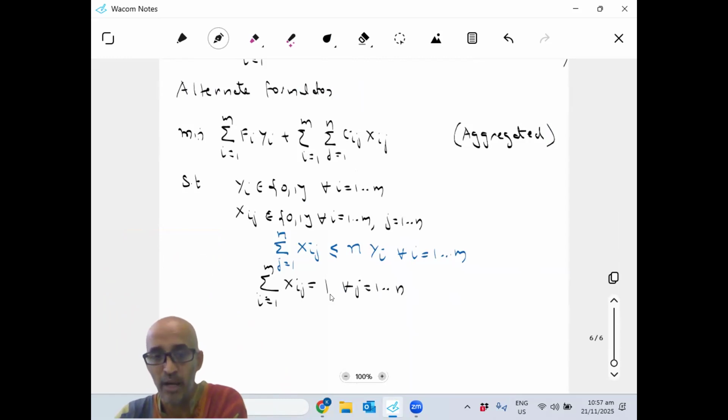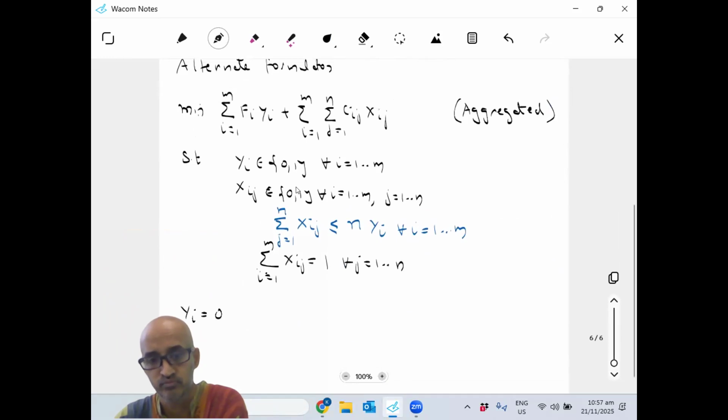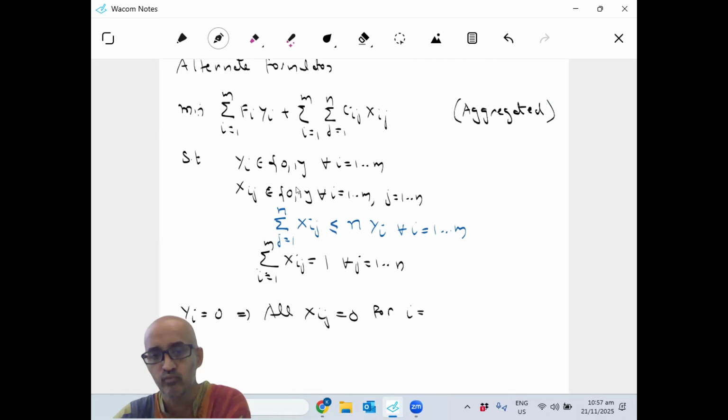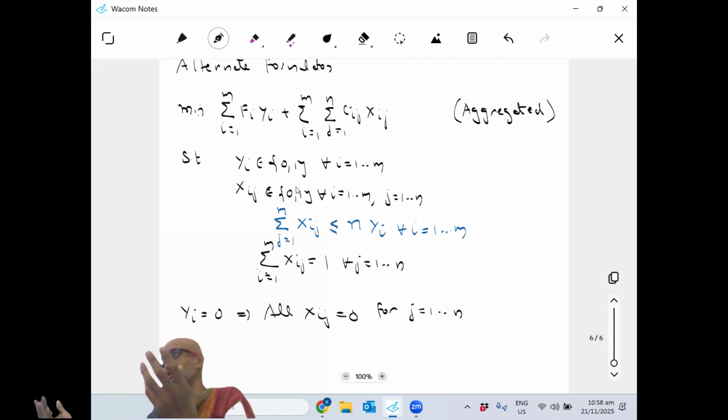Okay, so what happens when yi is 0? In the first case, all xij becomes 0. Similarly, when yi is 0, all the xij's have to be equal to 0. I'm adding non-negative numbers.